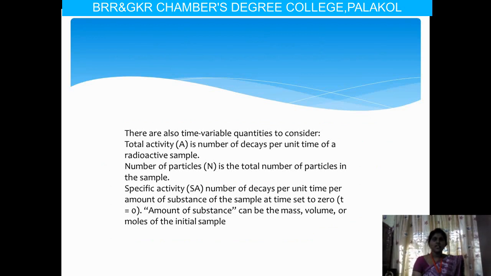There are also time variable quantities to consider. The total activity, A, is the number of decays per unit time of the radioactive sample. N is the number of particles. Specific activity, SA, is activity per amount of substance, which can be mass or volume of the initial sample.